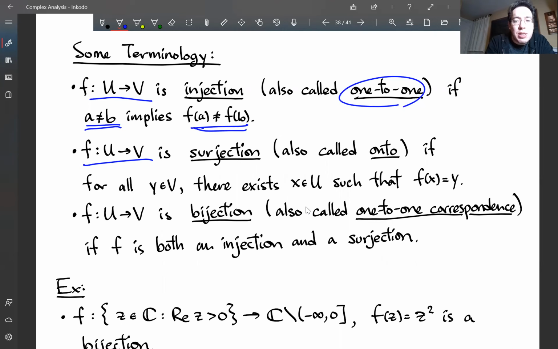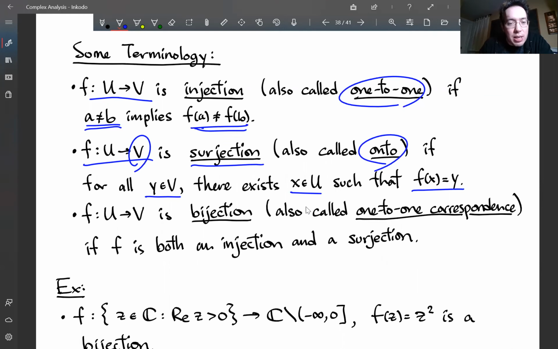A function is surjective, or it's a surjection, sometimes also called onto, if for every y in the target or the range, there exists an input such that it hits that number. So every element in the range is hit by some input.